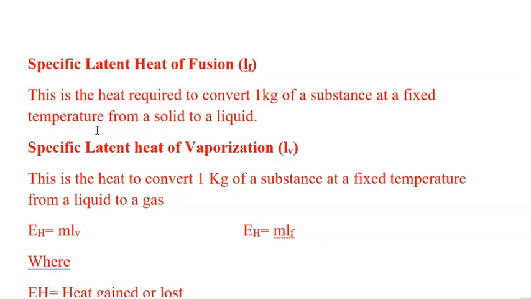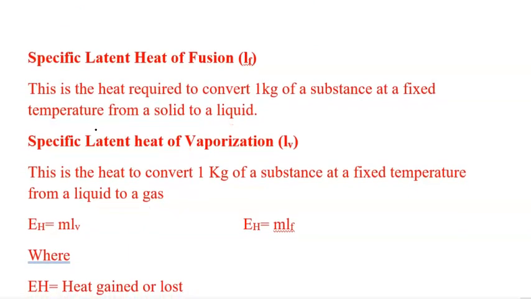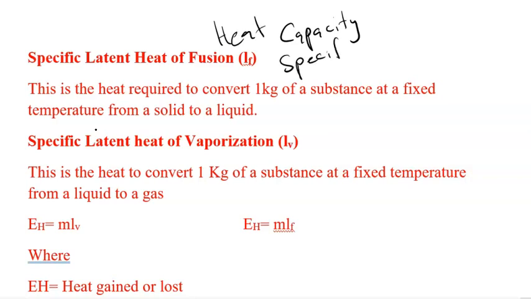Now, last time we looked at heat capacity and specific heat capacity. What I said is that heat capacity is the amount of heat energy needed to change the temperature of a substance by 1 degree or 1 Kelvin, and specific heat capacity is the amount of heat energy needed to change the temperature of 1 kilogram of a substance by 1 degree or 1 Kelvin.